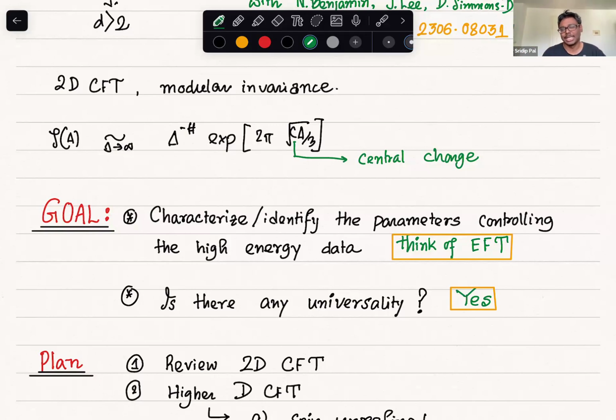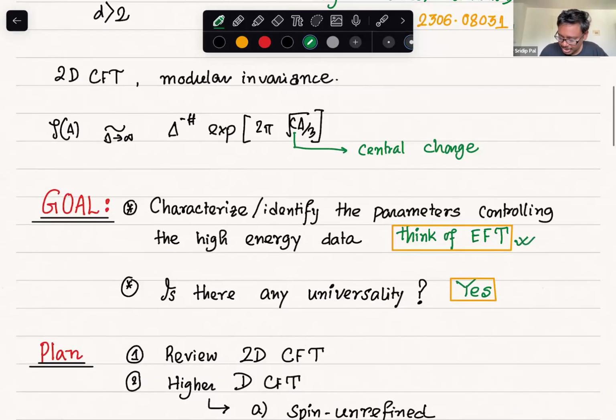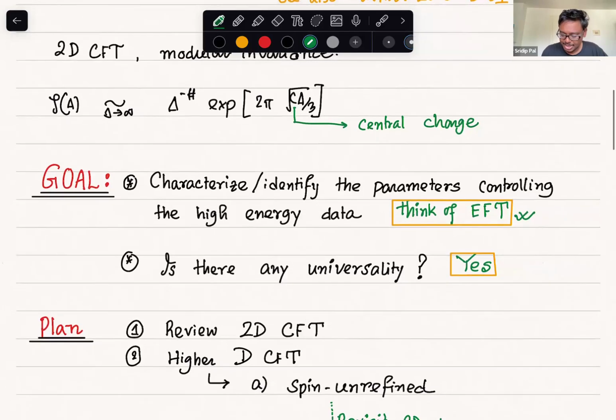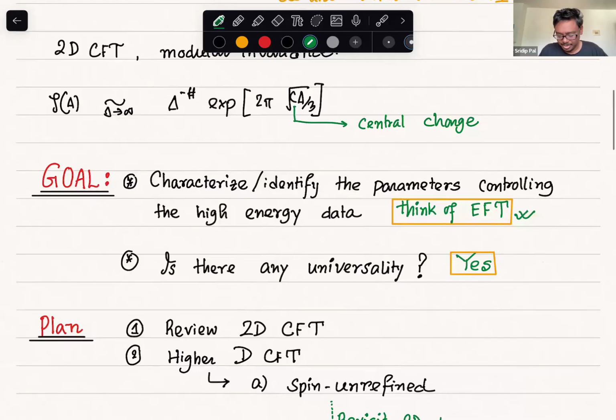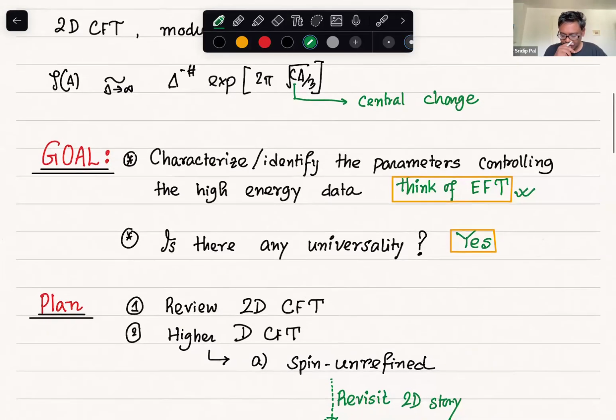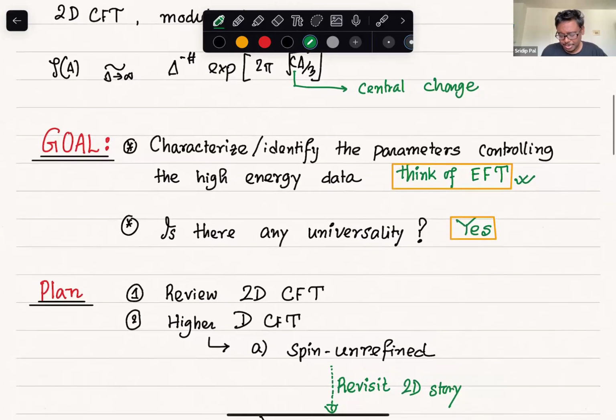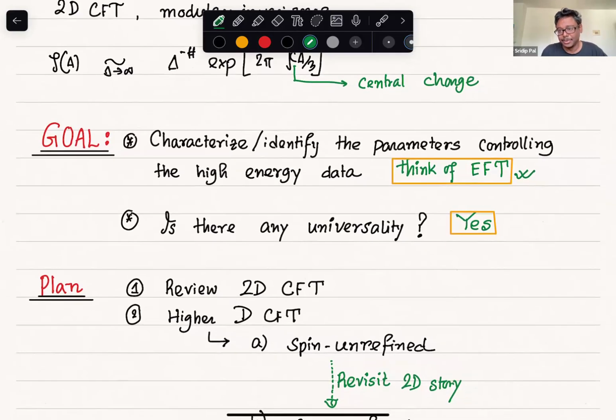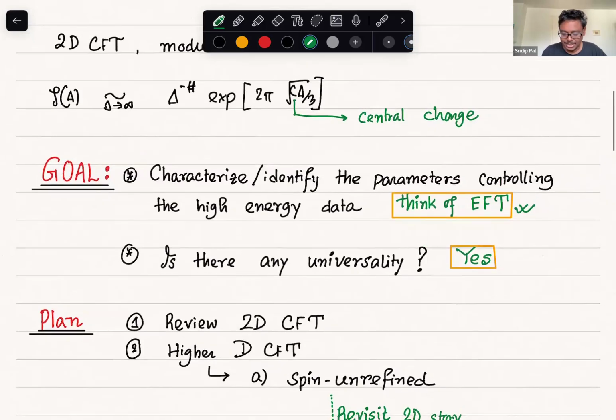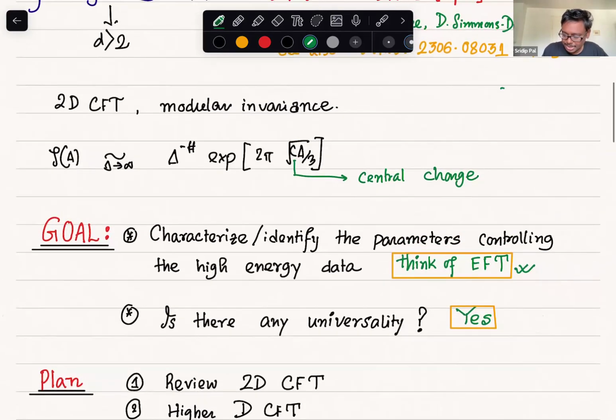Technically we do not have modular invariance in higher dimension, but using this EFT, we will characterize the parameters and write down a systematic expansion, which will tell us about the high temperature behavior. Using this idea of EFT, we will also answer the question whether there is any universality in higher-dimensional CFT, in the sense in which I explained the universality in the case of 2D CFT.